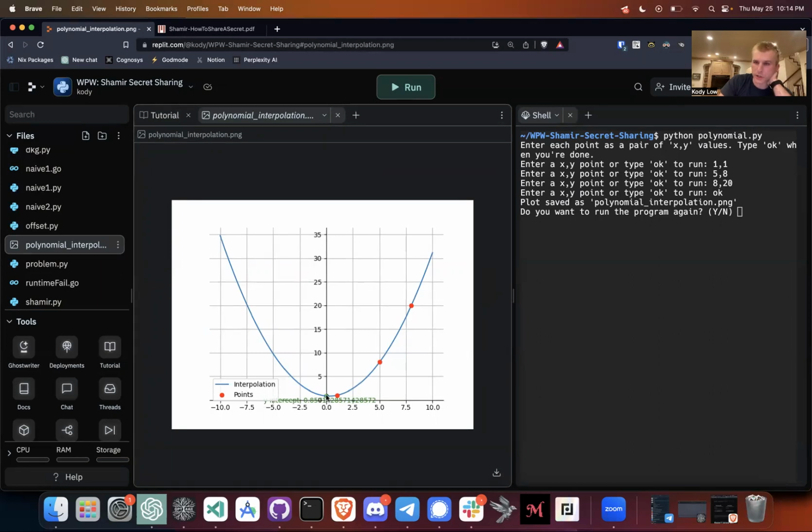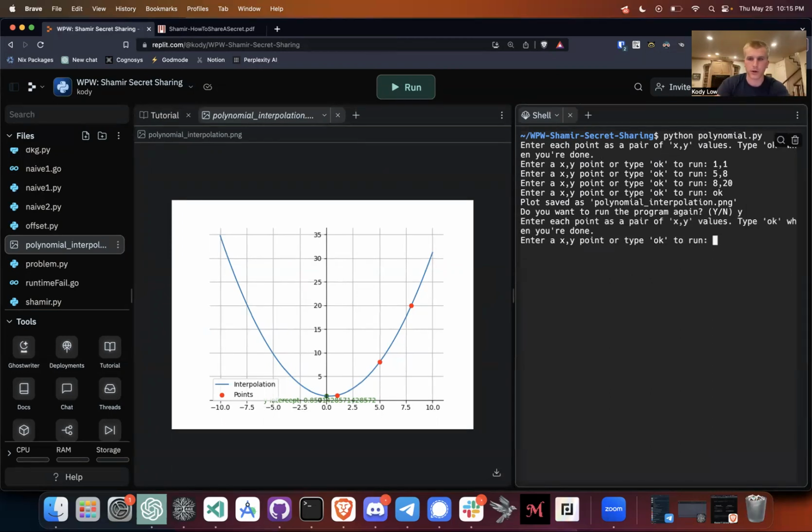So this is how Shamir secret sharing works: you define some polynomial, you pick a bunch of points along the polynomial, and you give the points out to people. And then with the degree of the polynomial plus 1 points, you can reconstruct the polynomial and then figure out where it intersects on the y-axis, right?